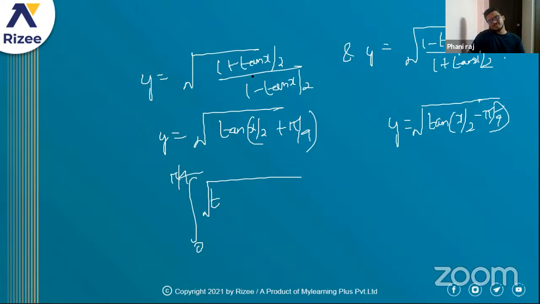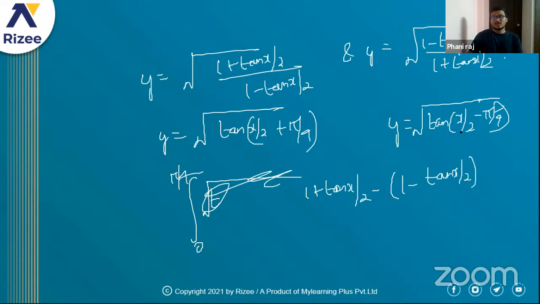Or else let's just keep it this way. Let's not use this, because then you can get rid of the square root sign. So it is 1 plus tan x by 2 minus 1 minus tan x by 2, because I do not know how to simplify to get the final answer. That's the reason. By under root 1 minus tan square x by 2. Correct.